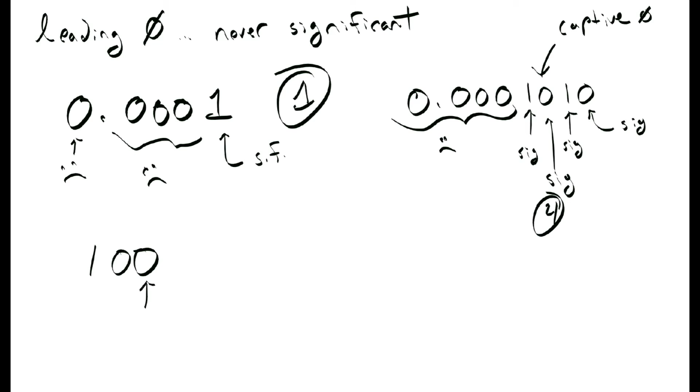What you do is you add a decimal point. No longer invisible. When you can see the decimal point right there, that means that you're saying this is a significant 0. So all of a sudden, this number here has 3 sig figs.